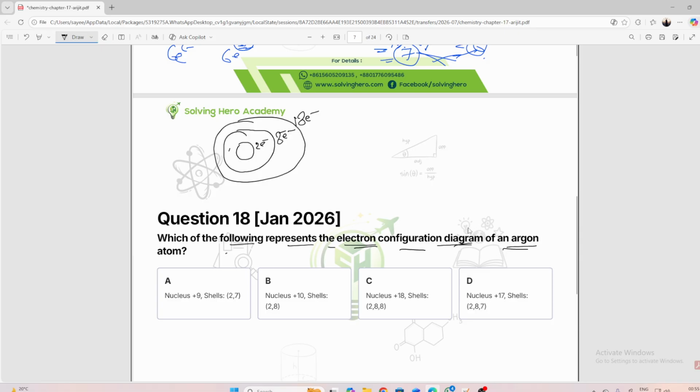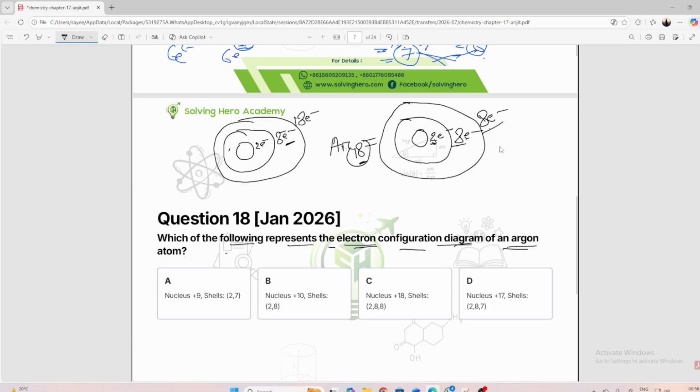So you have to represent the electron configuration diagram of the argon atom. We know that argon has atomic number 18. At the first shell 2 electrons, at the second shell 8 electrons, so 2 plus 8 is 10. Argon has 18, so the rest go in the outermost shell: 8 electrons.